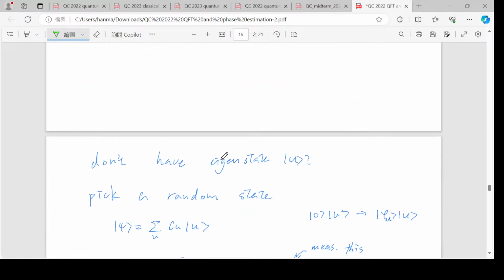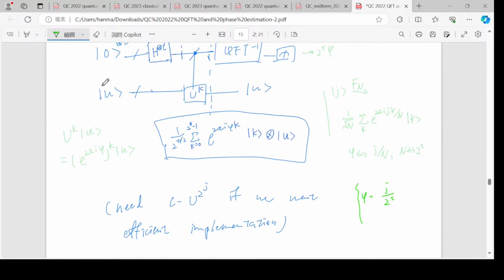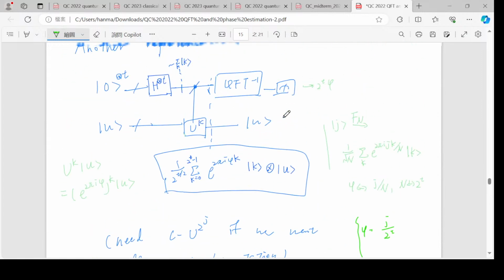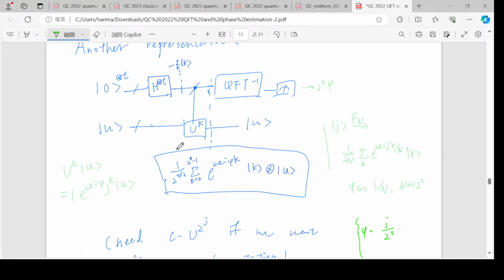Okay. And the other thing we don't know is, how do we get this eigenstate of U? Because it seems pretty hard to always get the eigenstate. If you just get some black box U, it's pretty hard to find the eigenstate.